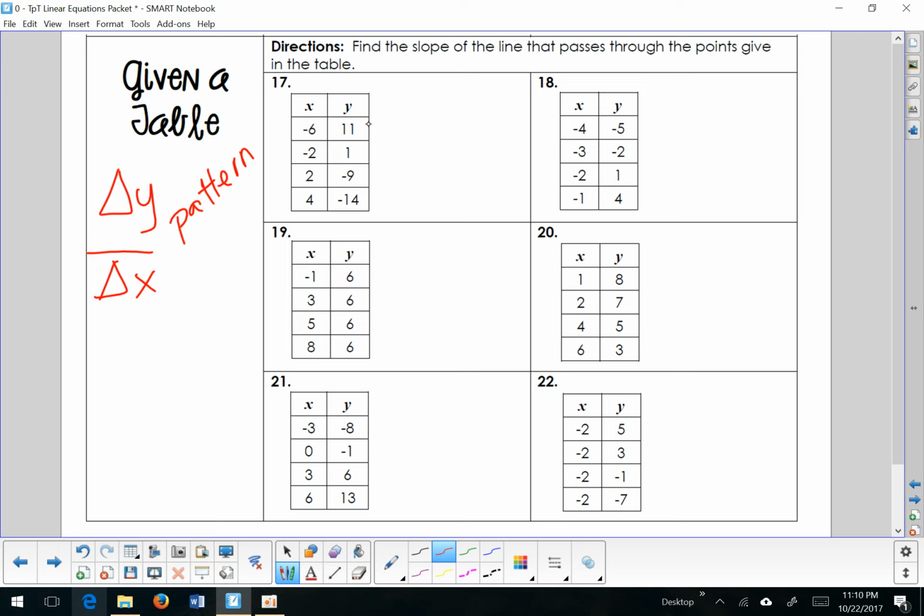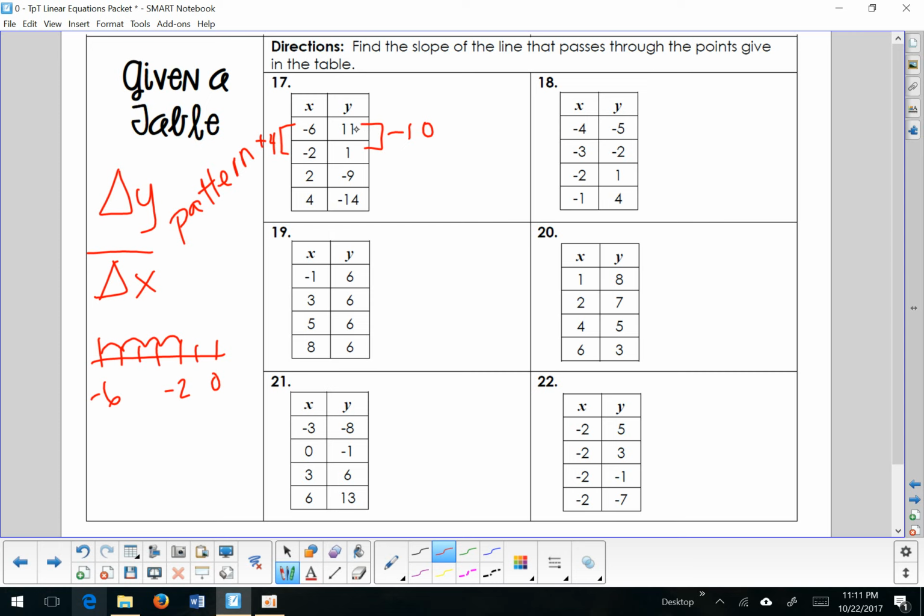So let's say I want to go from the first point to the second point. So the pattern is that if I start at 11 and I'm going down to 1, I went down 10. That's my pattern, down 10. But over here, if I start at -6, -5, -4, -3, -2, but I'm going to -2, you see how I'm going up? I'm actually getting closer to 0. So this is actually increasing by 4.